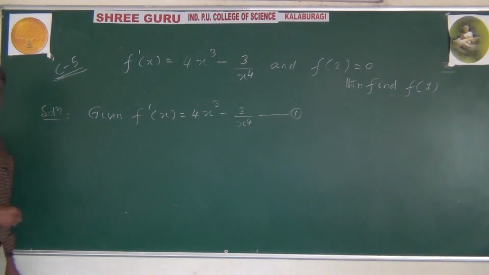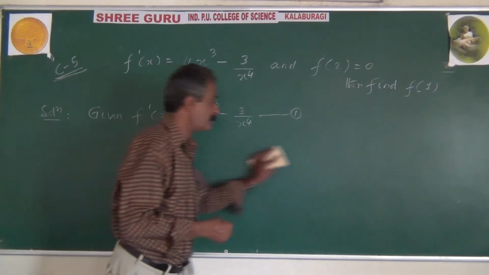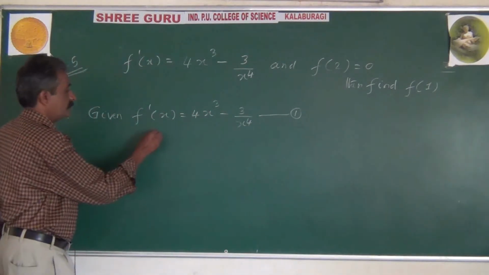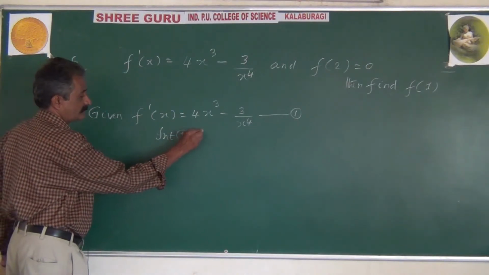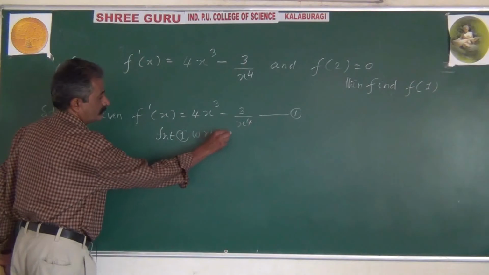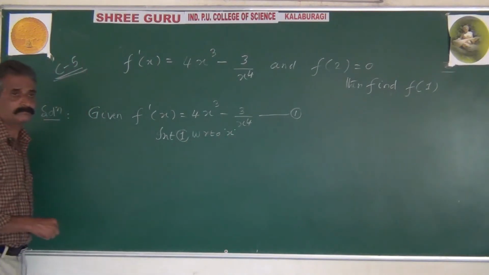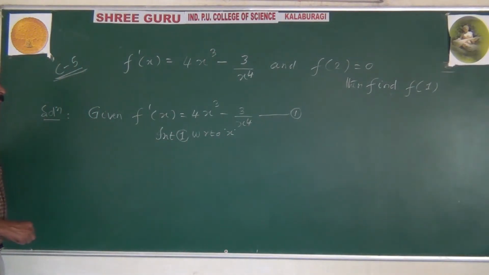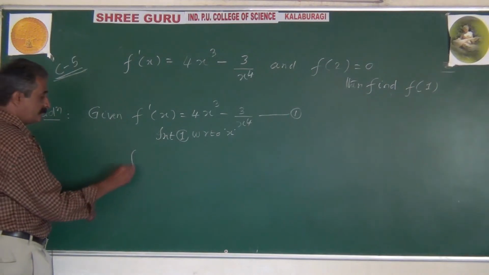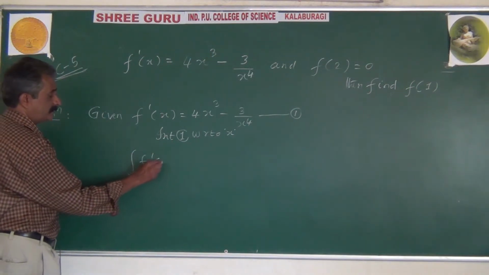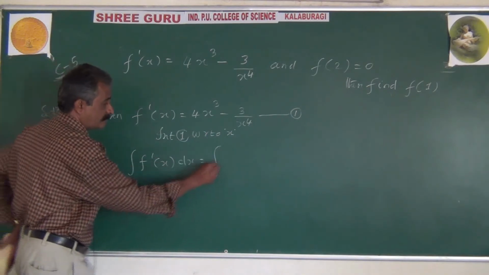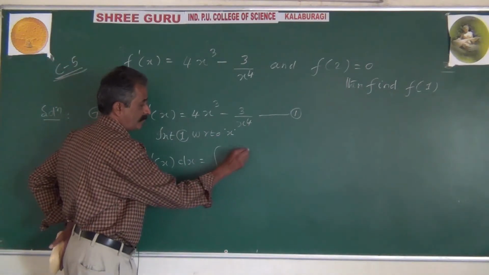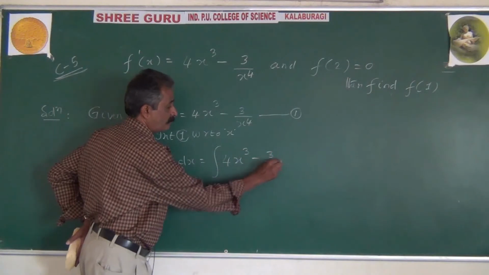We have to get first f of x, for that we integrate 1 on both sides. Integrating 1 with respect to x on both sides. Left side integration of f dash x dx. Right side integration of 4x cubed minus 3 divided by x power 4.